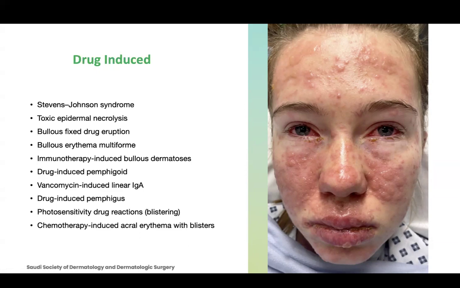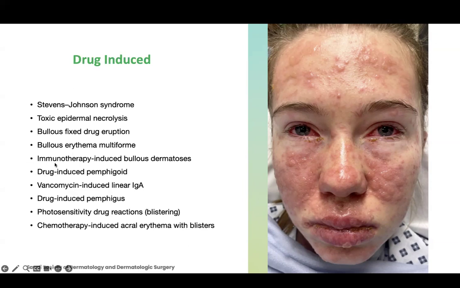It's a reaction to one of the medications that has many variants. One of them is bullous, and sometimes it is a severe one when it becomes a generalized bullous fixed drug eruption.